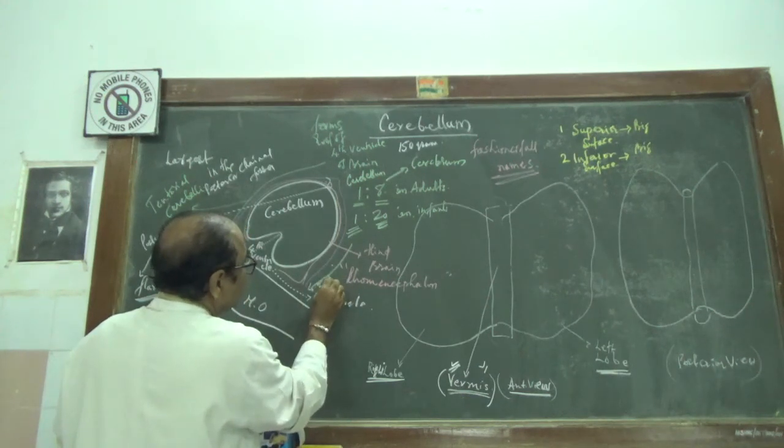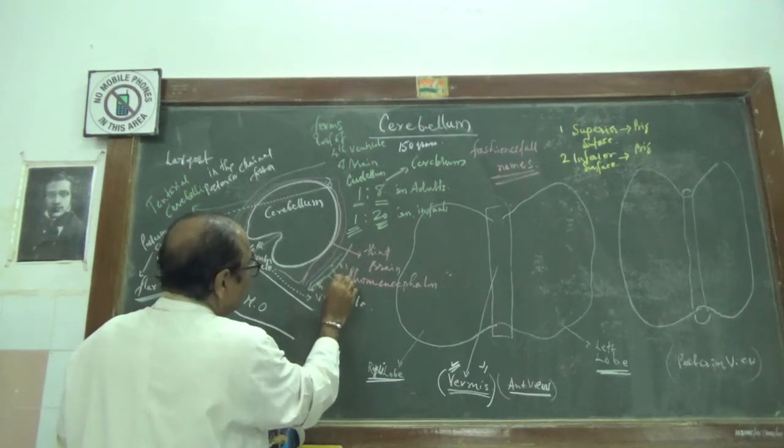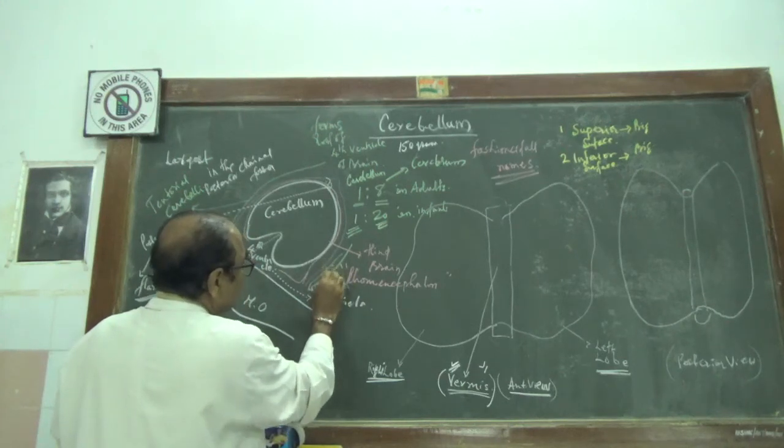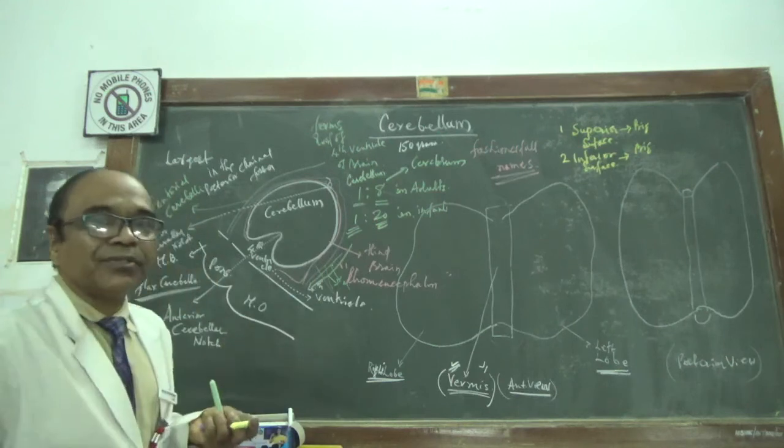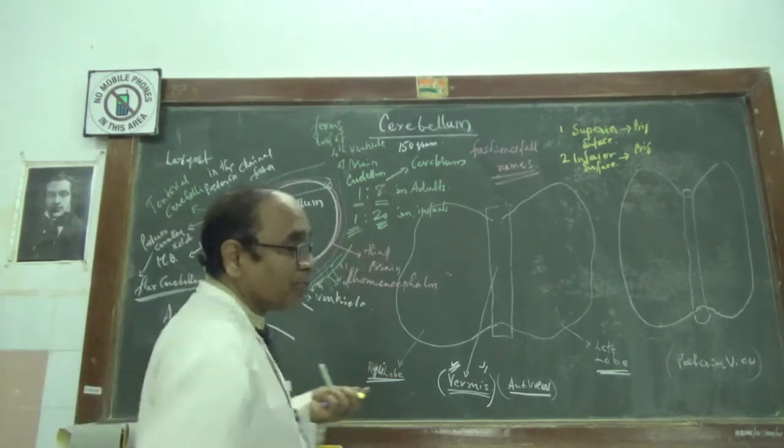Endosteal layer, meningeal layer, arachnoid mater, pia mater. So this is the inferior surface relation.